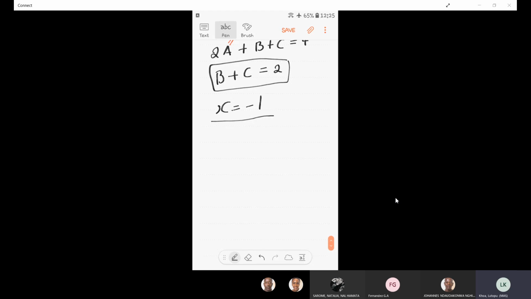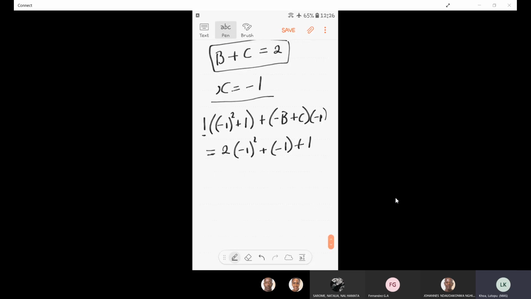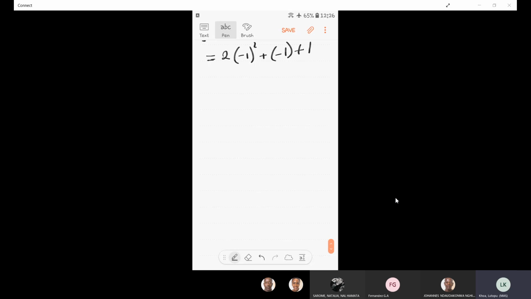And then, so I substitute a is 1, then I have minus 1 squared plus 1 plus minus b, it's b times minus 1, which is minus b plus c, and then I multiply this by the x, which is minus 1. And on the right hand side I have 2 times minus 1 squared plus minus 1 plus 1. So this one over here, I said I'm already substituting a, so I want to do as many steps as possible in one.